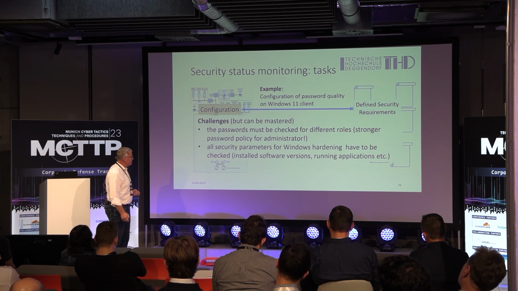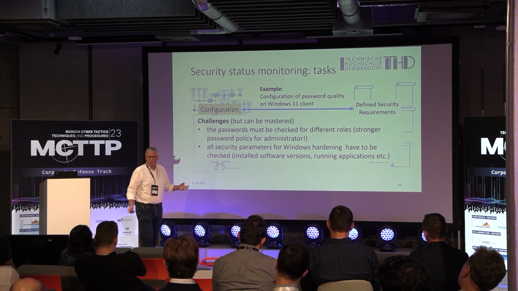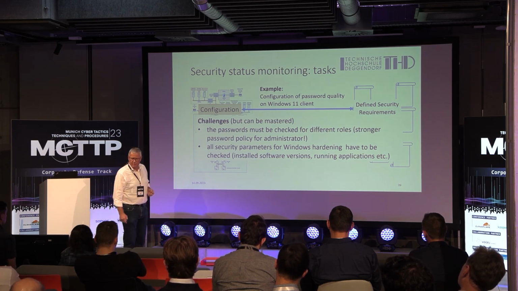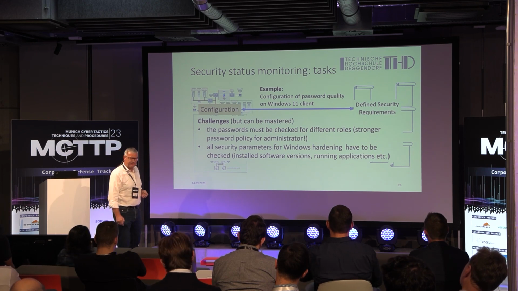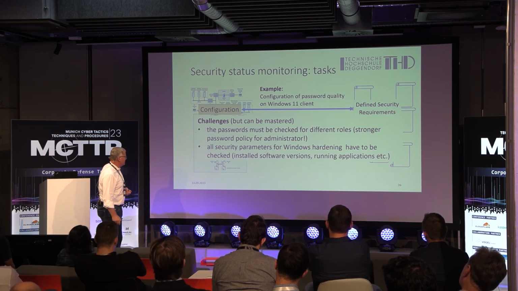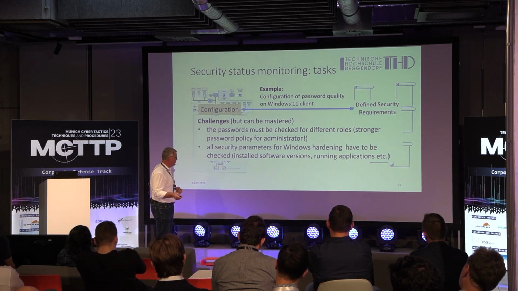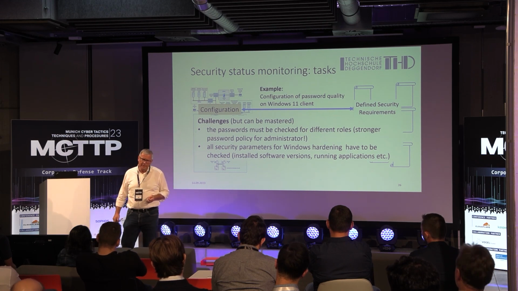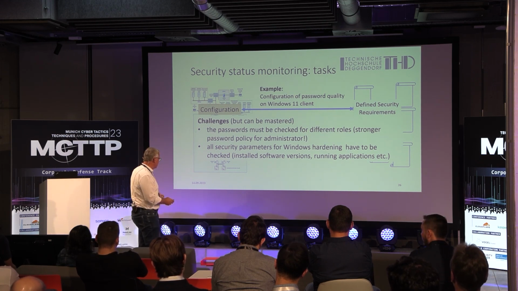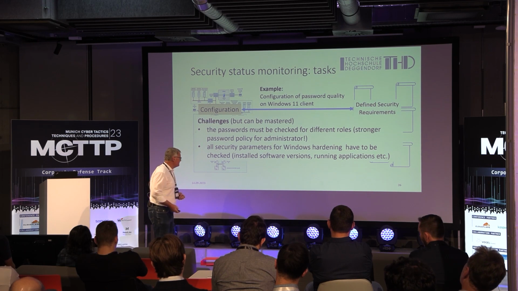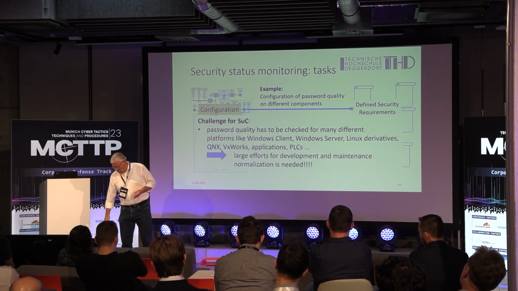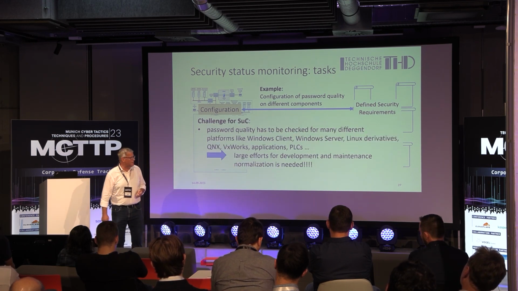The password must be checked for different roles. Also, we have to look at that. What are the accounts? Do we have different password policies for that? All security parameters of Windows hardening have to be checked or first identified. For example, what allowed versions of installed software and so on. Okay, challenge for SUC, the next one.